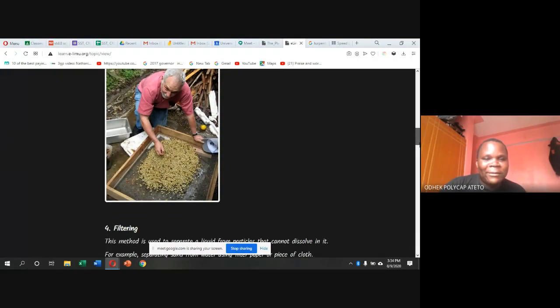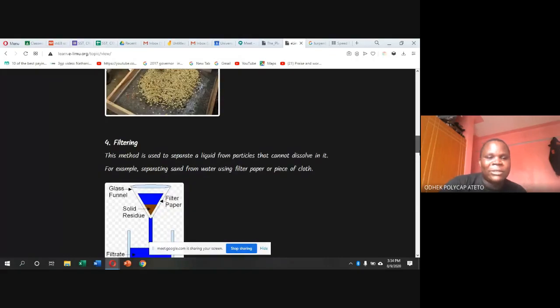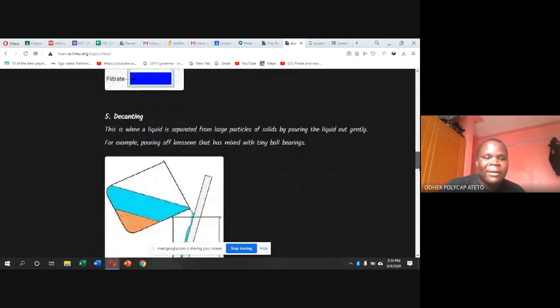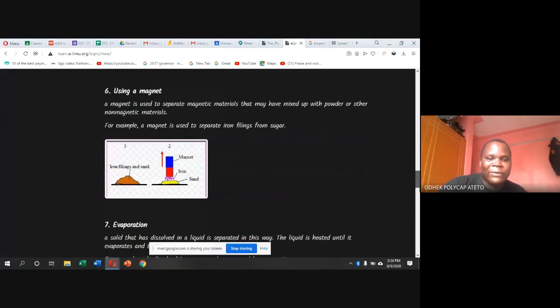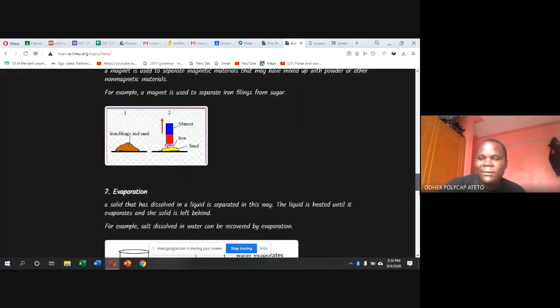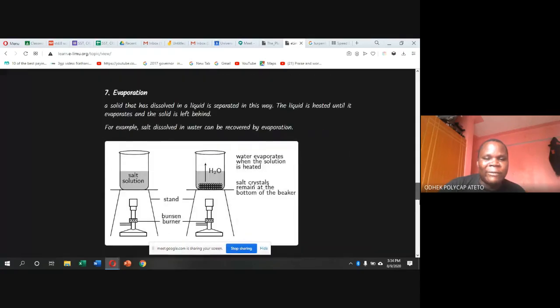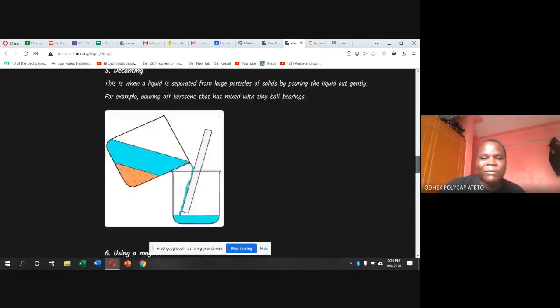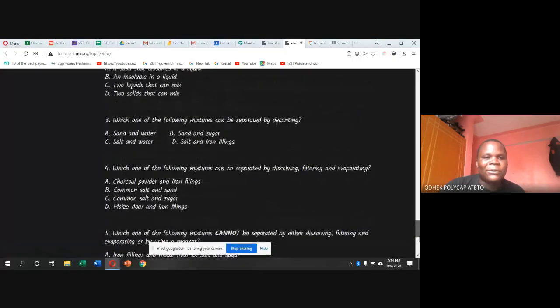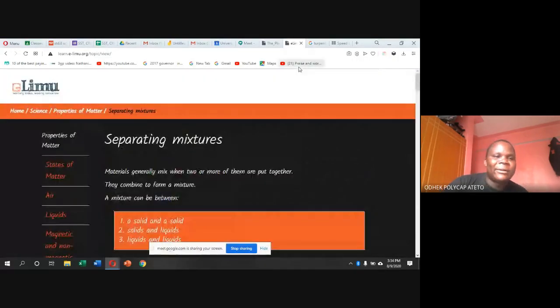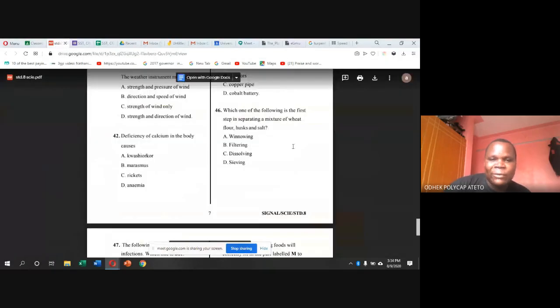That's how we do picking. Filtration is where we use filter paper. Decantation is this one where we use after settling, and then we use the magnet. Then after the magnet, we do what we call evaporation. The KCPE questions on this are so many. You can even check here. There are so many. The Kenya National Examination Council likes testing that question.